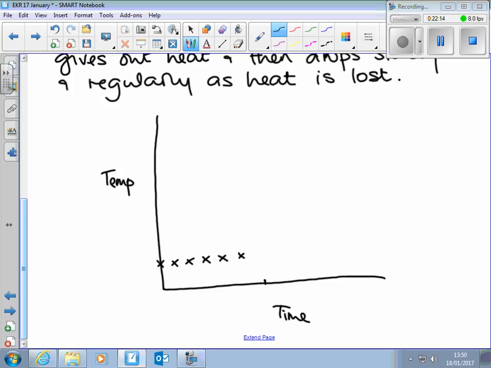So here is going to be where we actually add the sodium hydroxide. Now, it's not an instant reaction that instantly raises the temperature of the water, but you will get an increase in temperature.